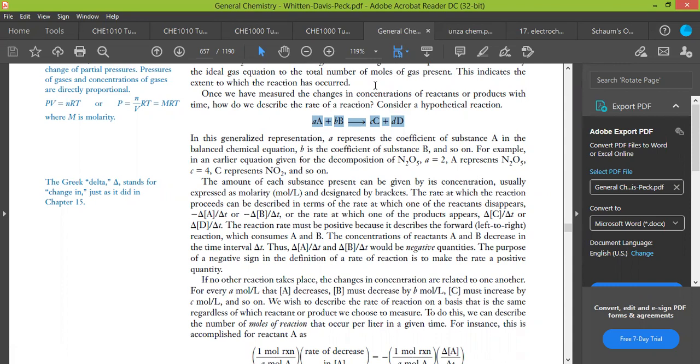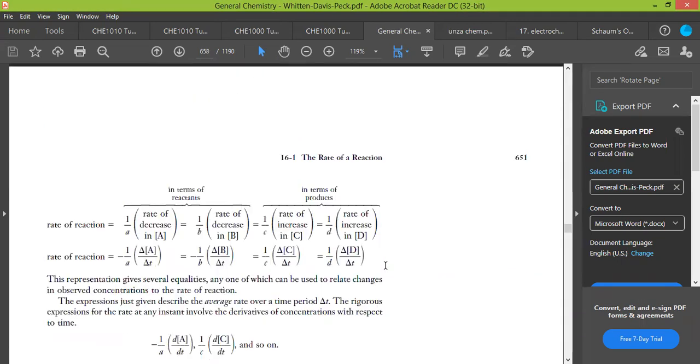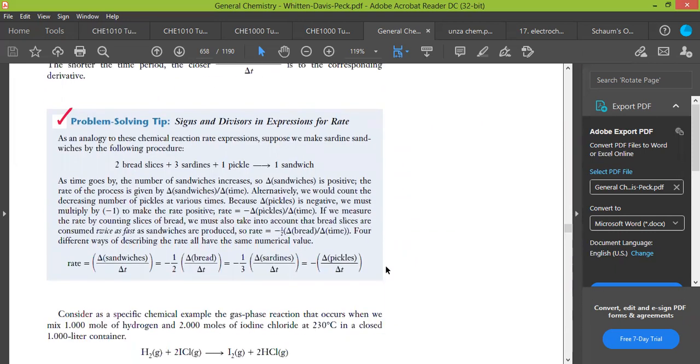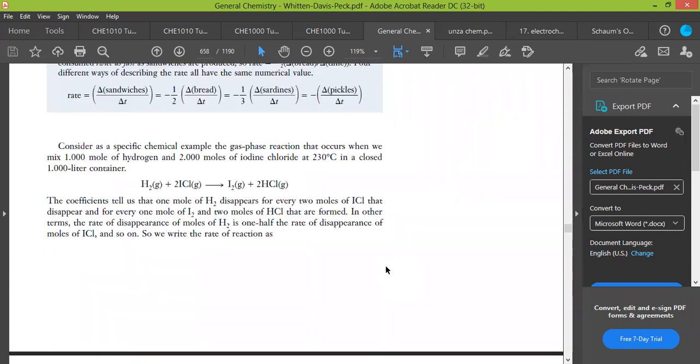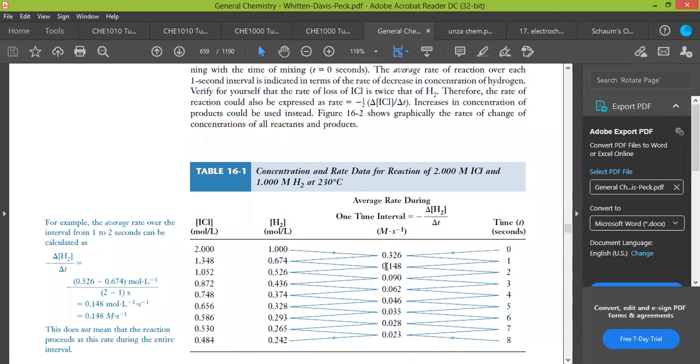Okay, so and then from the rate, we can actually now look at an example, I think, where we are applying the rate to a calculation.